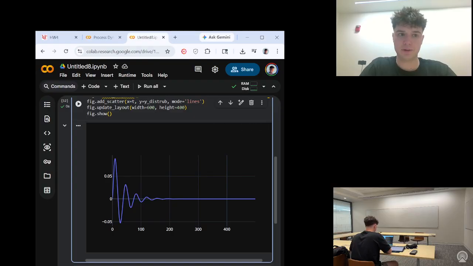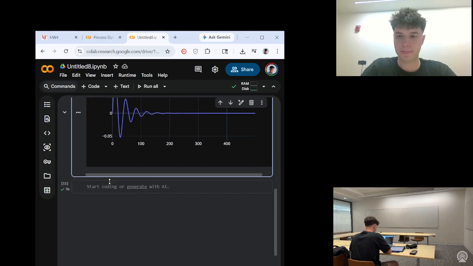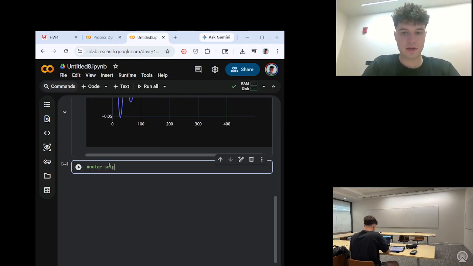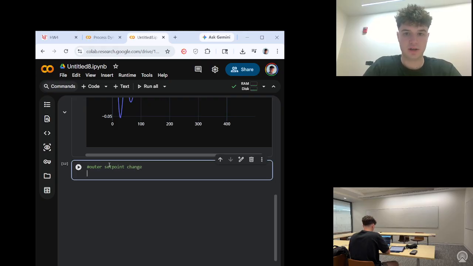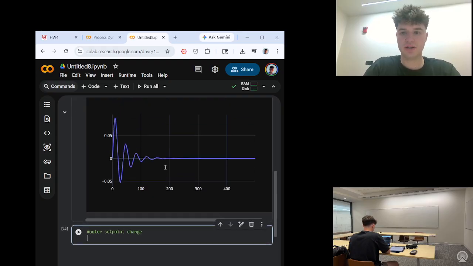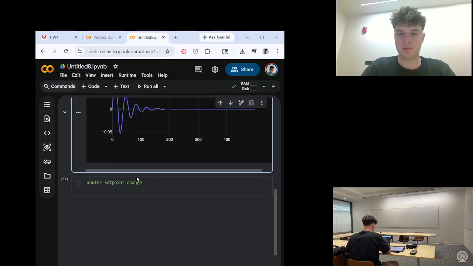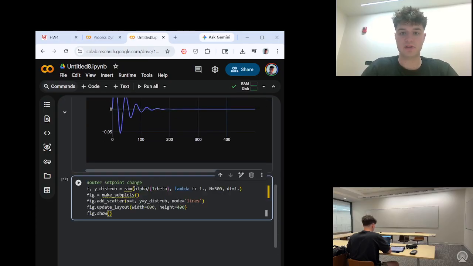So now let's continue, and we're going to do this for the outer set point change. And so we will type that out, outer set point change. And for this, we are going to copy a lot of this also. It just makes it a lot easier. Like we said, we know that those don't have any syntax errors.